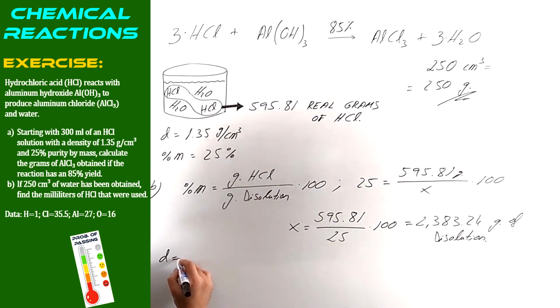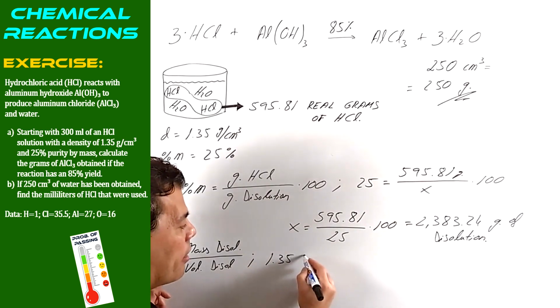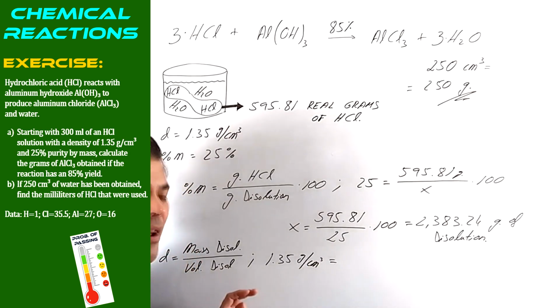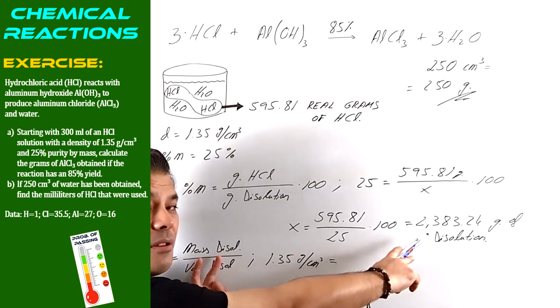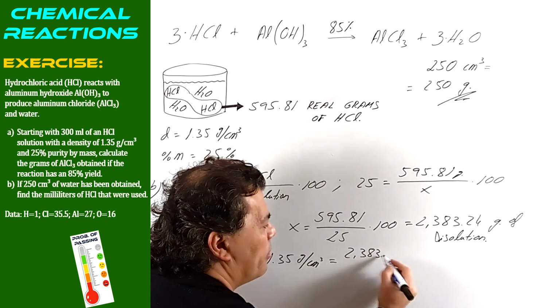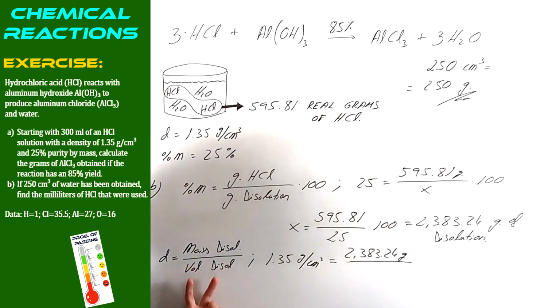Density equals mass of this solution divided by volume of this solution. That is 1.35 grams per cubic centimeter must be equal to mass of the solution, 2,383.24 grams, divided by the volume of the solution.